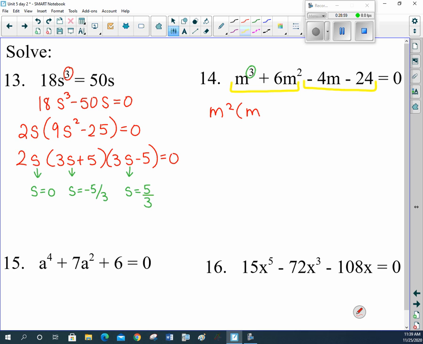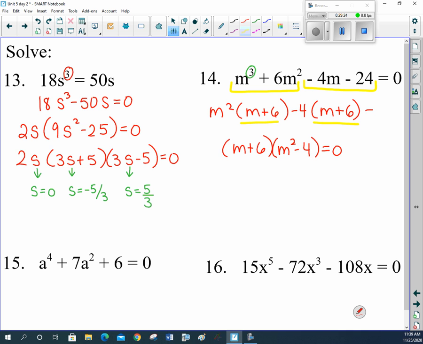That's going to be m plus 6. Next two, I'm going to factor out a negative 4. That's going to be m plus 6. I'm going to take a minute and look just to make sure that parenthesis is the same as that one, and it is. So that's now my new greatest common factor, so that's going to come out in front. And then I'm going to end up with m squared minus 4.